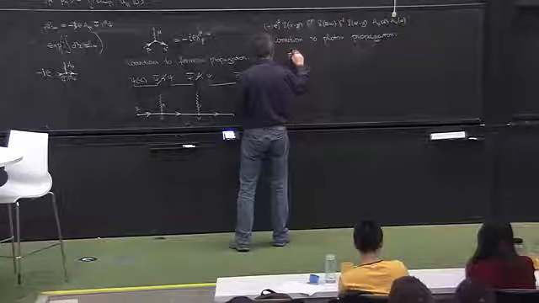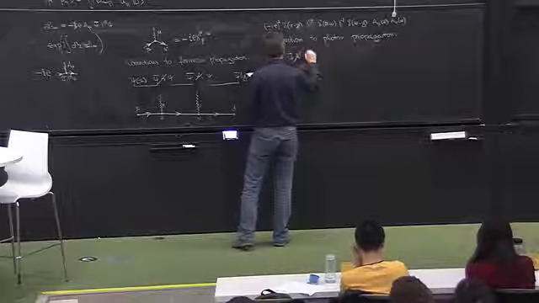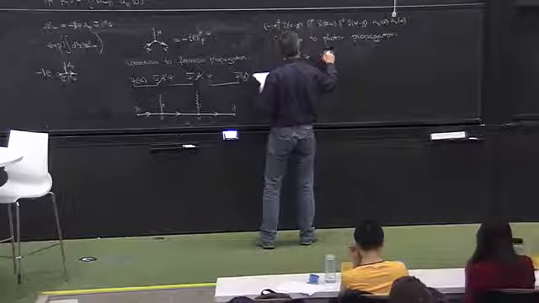So that comes from two vertices of this type.